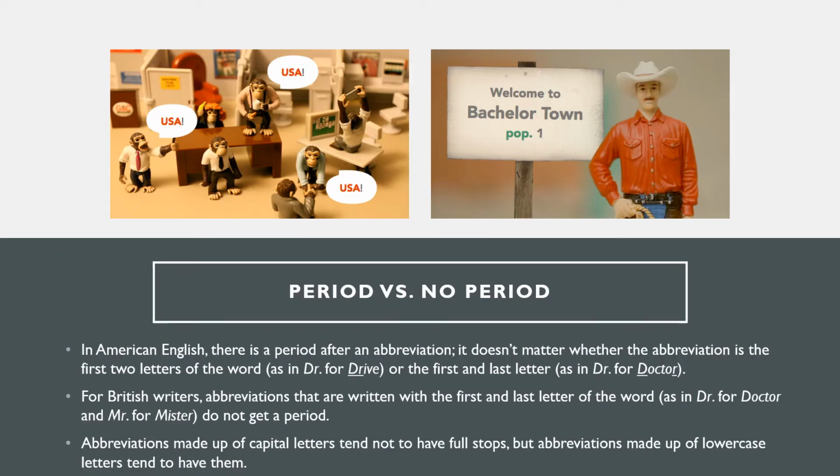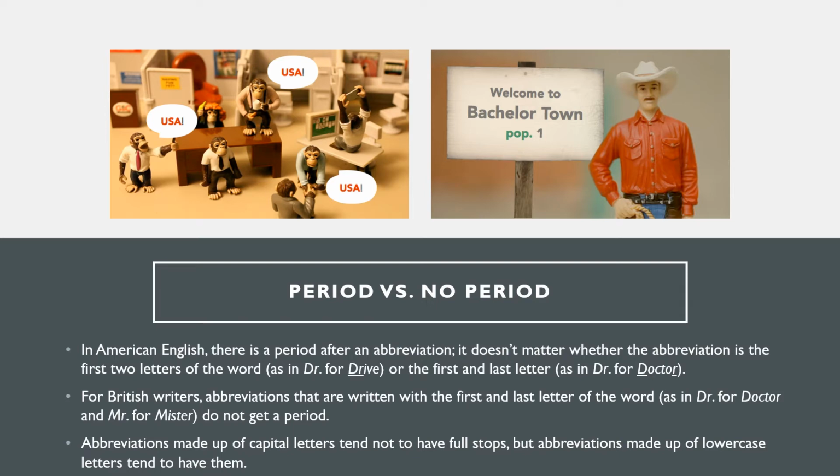So it wouldn't be an English class if I didn't have an exception to a rule or some odd thing for you to think about and consider. And here is this one that goes along with our abbreviations. And it is the argument about using a period versus not using a period. So in American English, and typically Canadian follows American rules for most things, there is a period after an abbreviation.